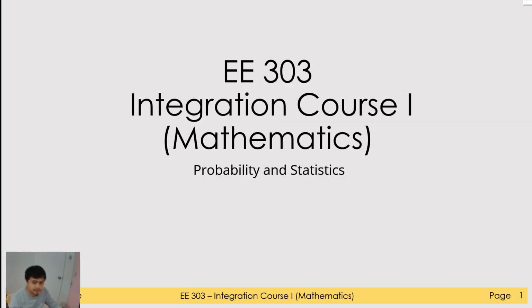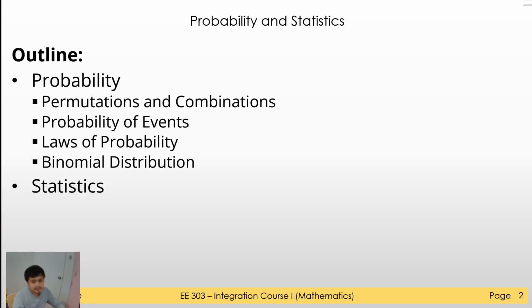Okay, hello everyone. So for this video, I will discuss some of the problems in probability and statistics. The outline of the probability and statistics topic: we have a lot of topics to discuss.